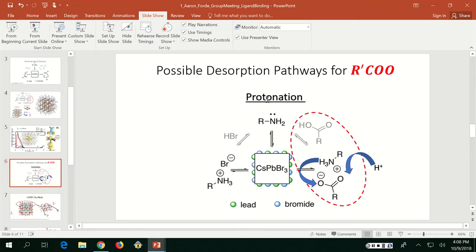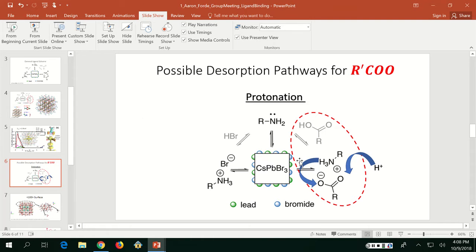And so, generally, the possible ways that this acetate anion can desorb from the surface, it's usually due to protonation, just because they're colloidal systems, and so the acid-base equilibrium mostly determines what type of bonding we have on the surface.